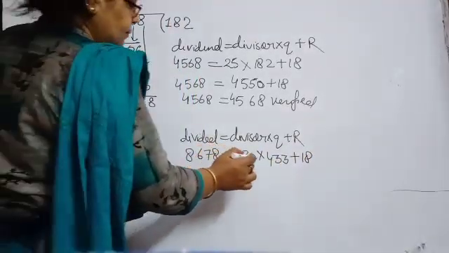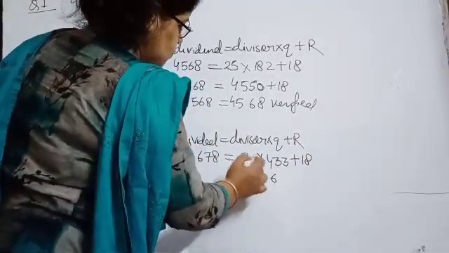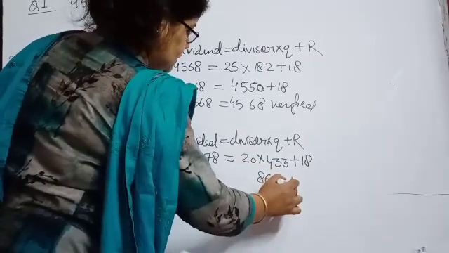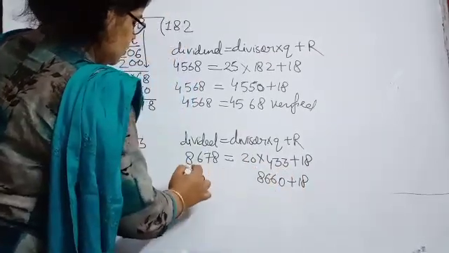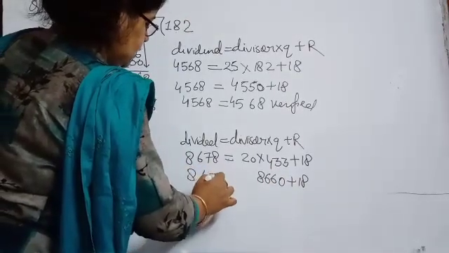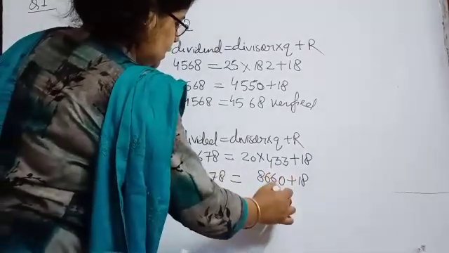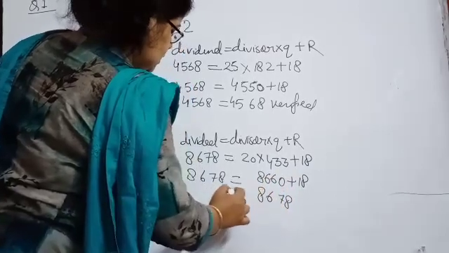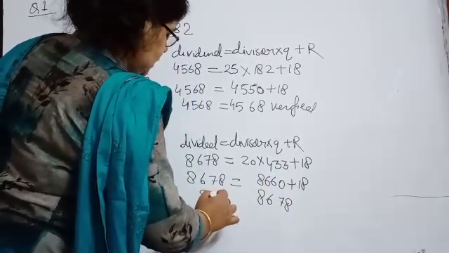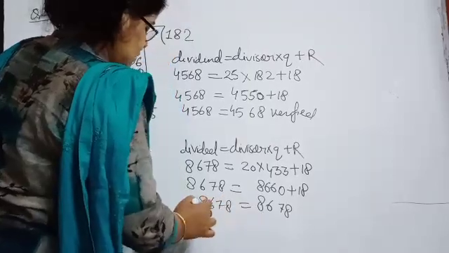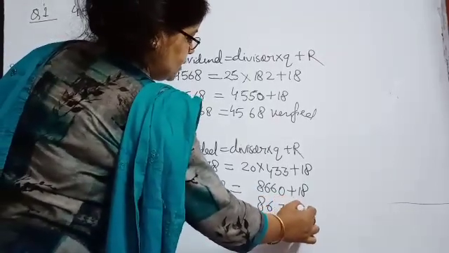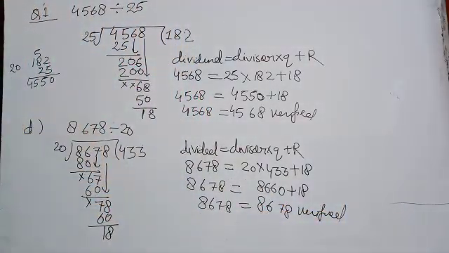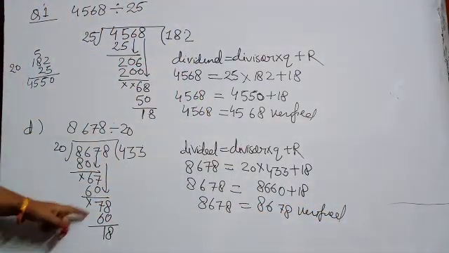Now see that 3 times 6 is 18, 3 times 6 is 18, 4 times 8 is 32, and put 0 in front of that, plus 18. And here also 8678 is equal to 8660 plus 18, which is 8678. So again it is verified. In this way the rest of the parts of this question you will do yourself.